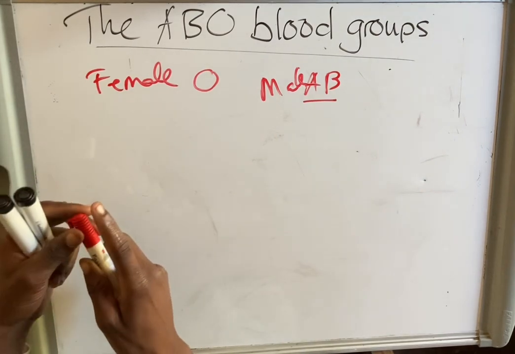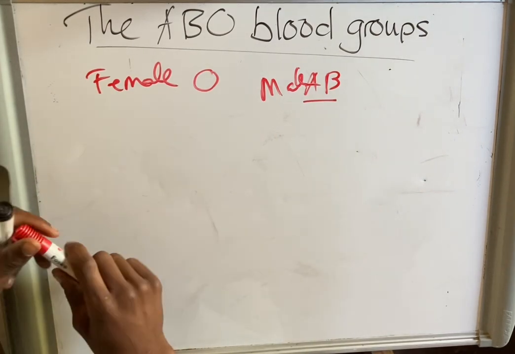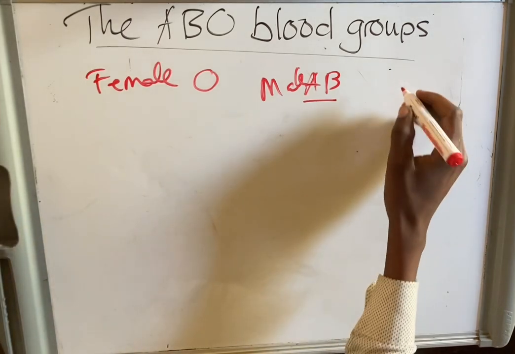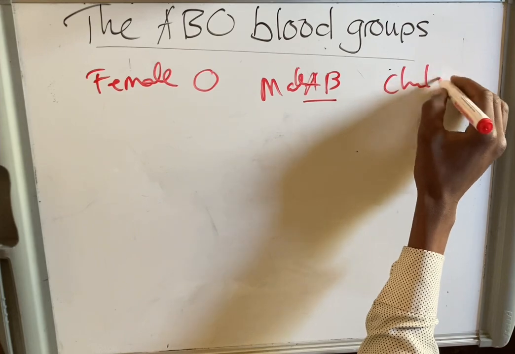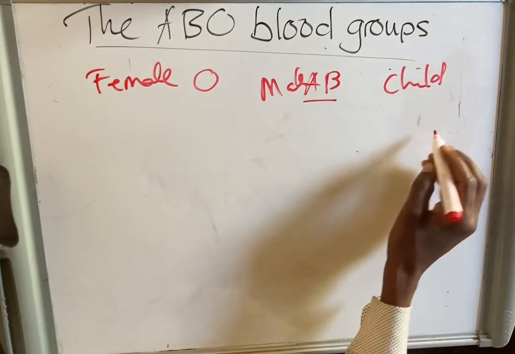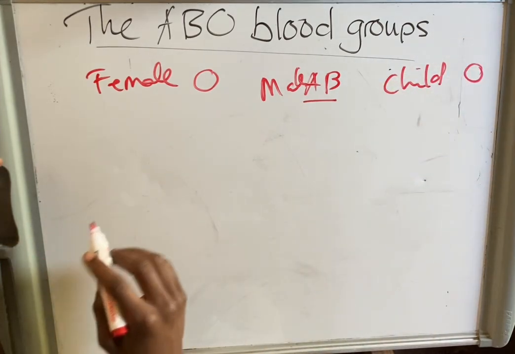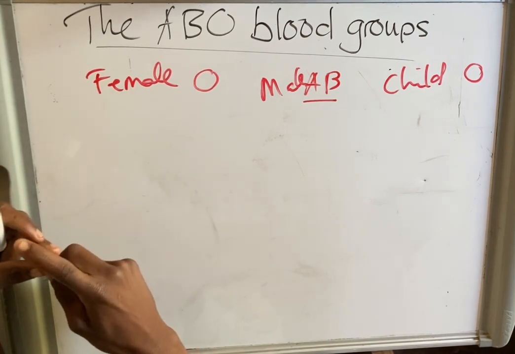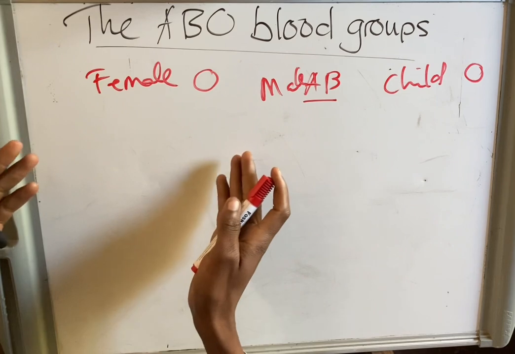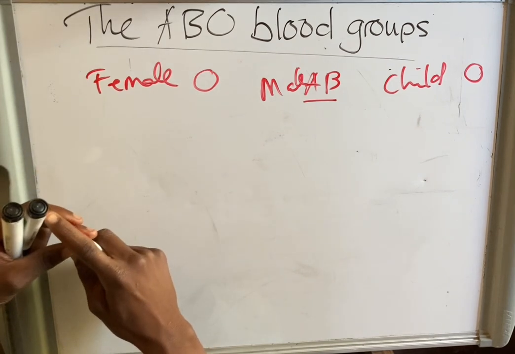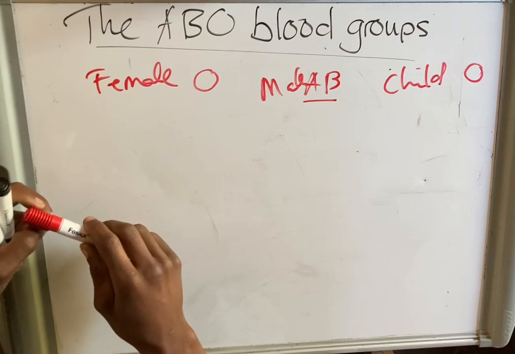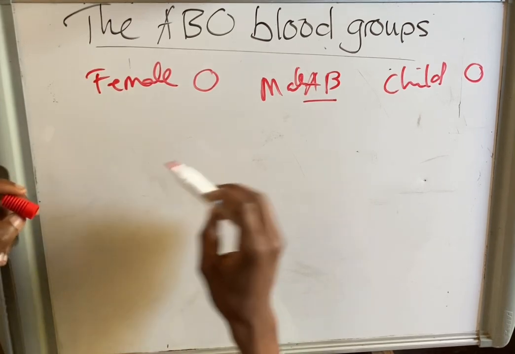Now during delivery in a hospital, Mrs. Mumba was given a child with blood group O. Then Mrs. Mumba, with the information she had on blood groups and genetics, sued the hospital, saying the hospital had given her the wrong child.